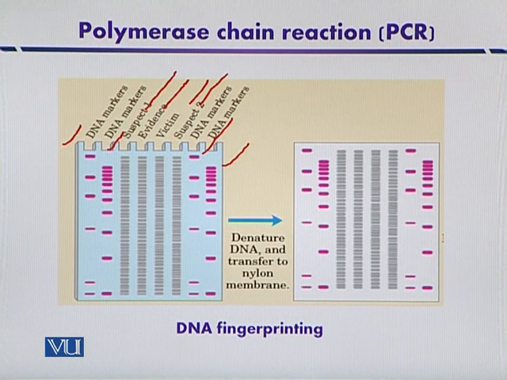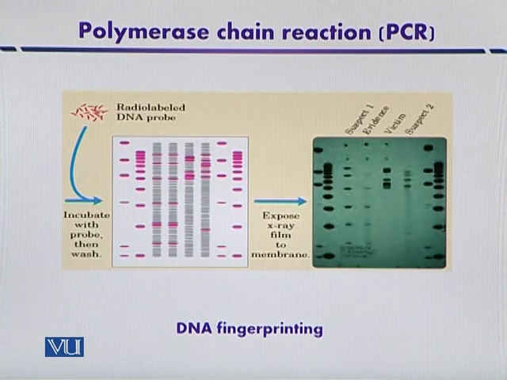And after the separation on the gel, these DNA fragments can also be transferred for Southern blot analysis onto nylon membrane paper. In the next step, when it is transferred to the nylon membrane, the fragments can be detected by using certain radiolabeled probes. So probe hybridization is there, a technique you are well aware of, and after hybridization it can be exposed to X-ray film so that a particular DNA banding pattern is available.